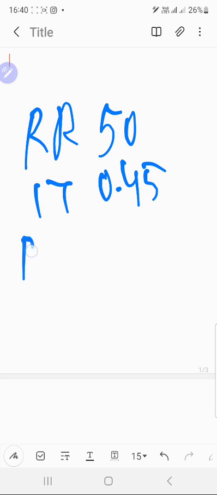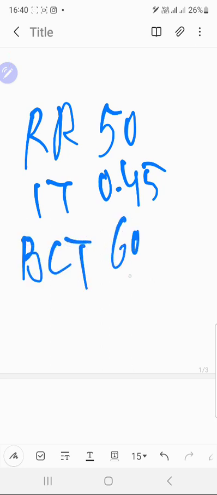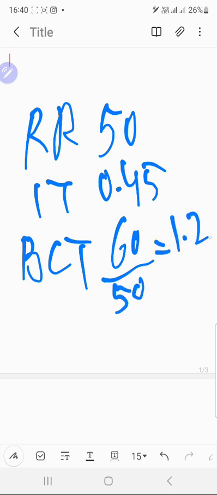So you have to calculate breath cycle time. In 1 minute there are 60 seconds and the patient was on 50 breaths per minute. So you calculate one breath cycle time, 60 divided by 50, which is approximately 1.2.